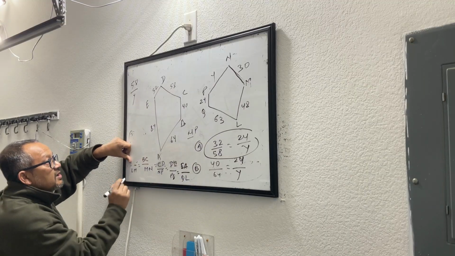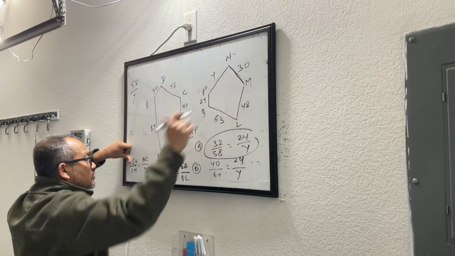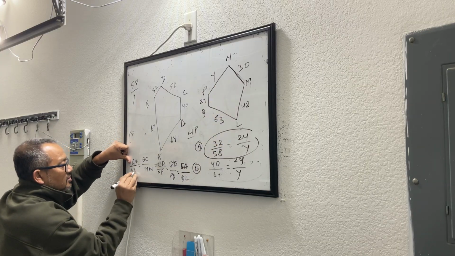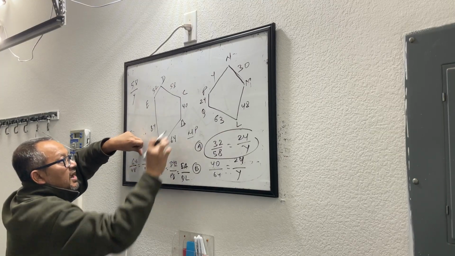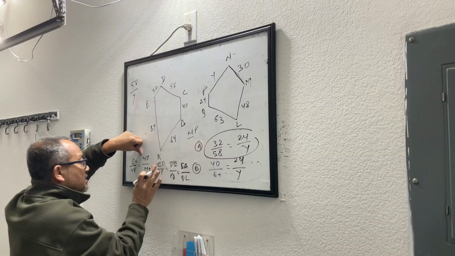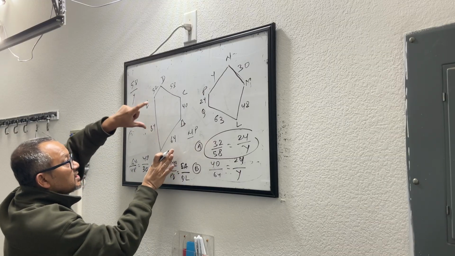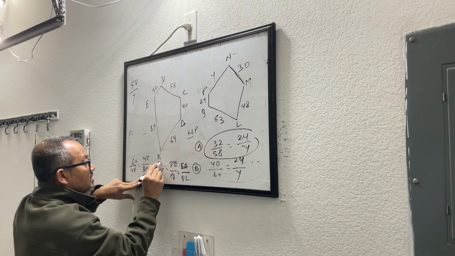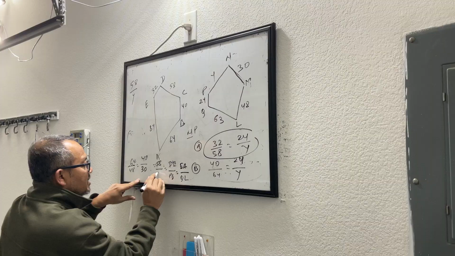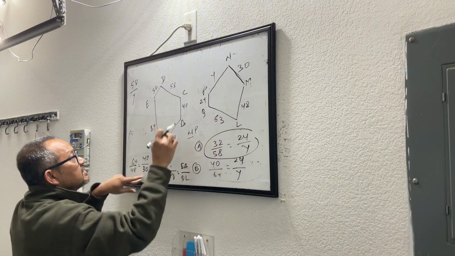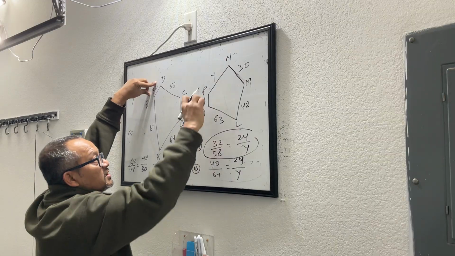Now you plug in all the values. AB is 64, LM is 48. BC is 40, MN is 30. CD is 58, NP is Y. DE is 32, PQ is 24.